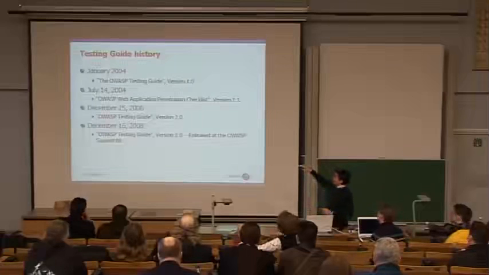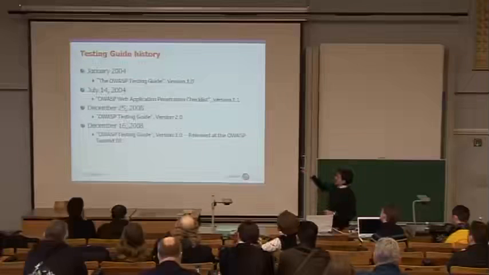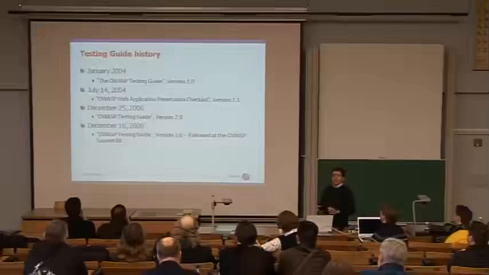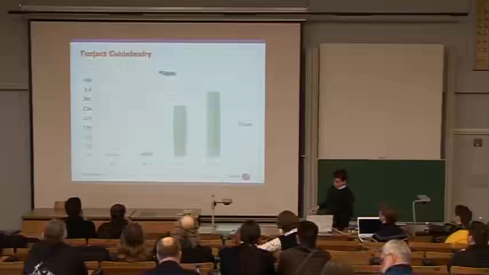And then in July, we developed the version 1.1, and in December 2006, we decided to develop a new project that is the version 2, which is bigger than the other version. And now, in last December, we developed the version 3.